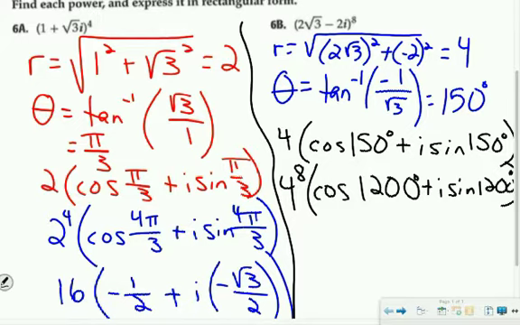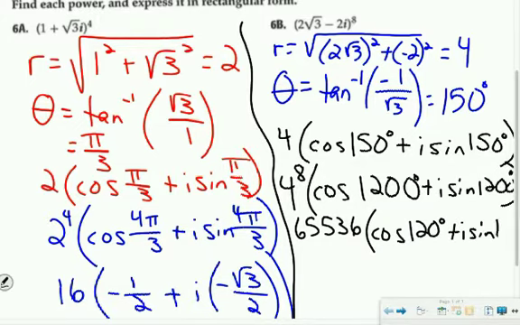So let's go ahead and evaluate 4 to the 8th while we're at it. 4 to the 8th is 65,536. And now I'm looking at the cosine of 120 plus I times the sine of 120. And 120 most assuredly is on my reference sheet.